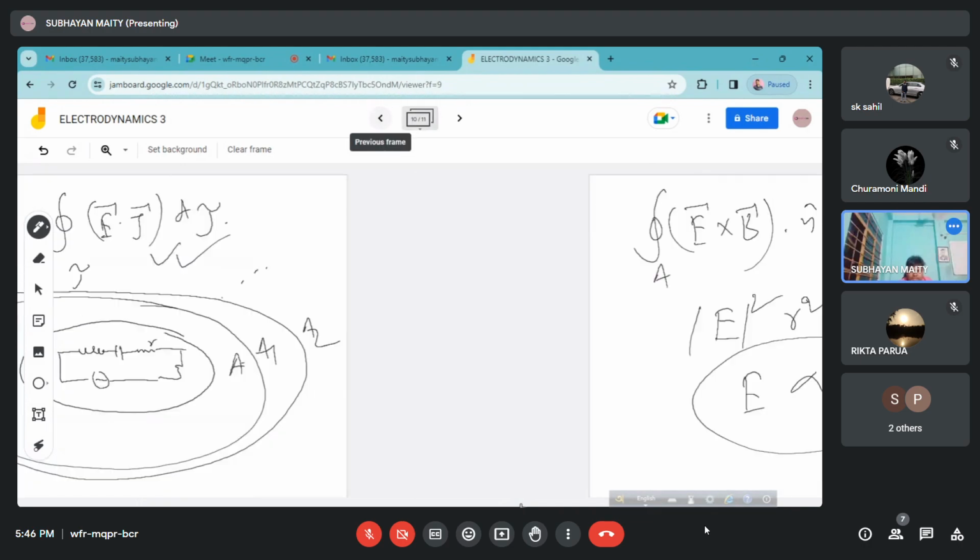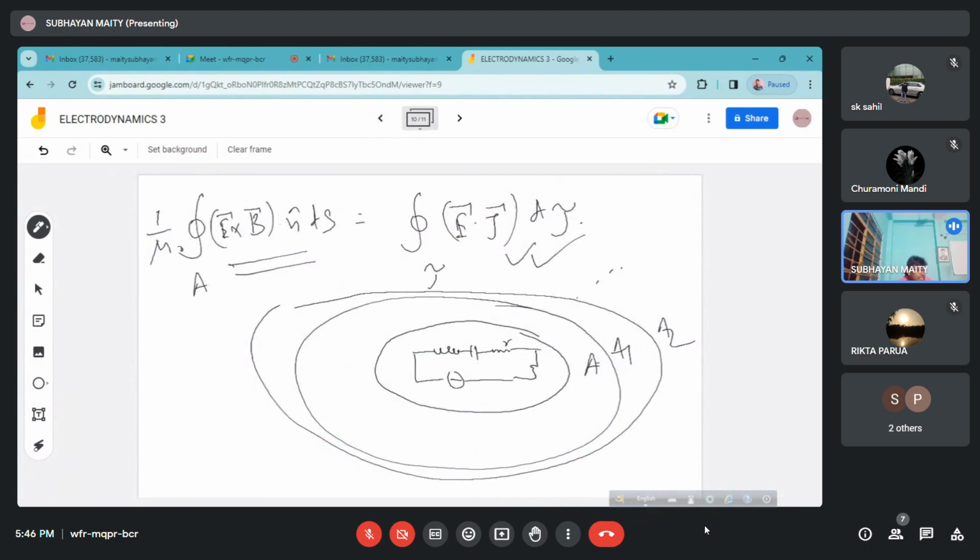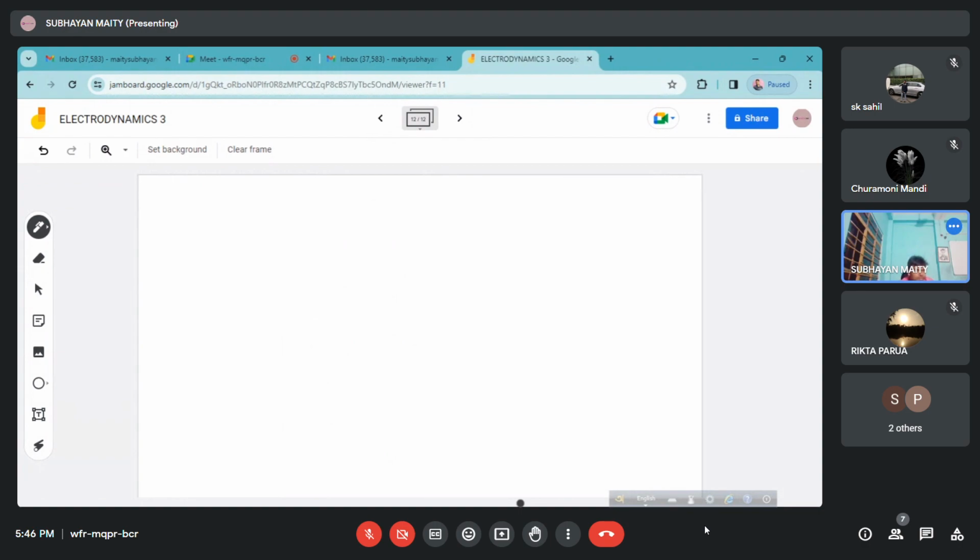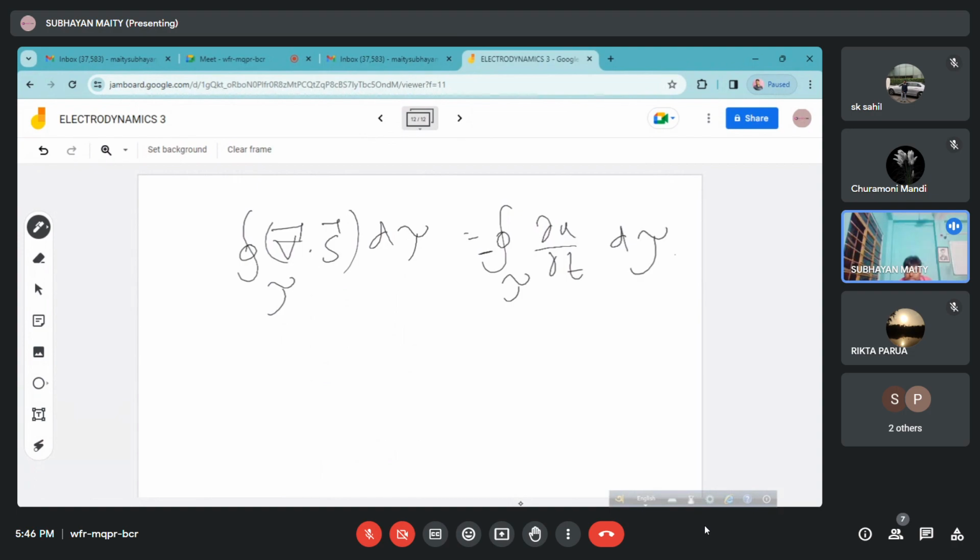This is radiative resistance. So this is the nature of radiation in an electromagnetic circuit, and the modified form of KVL is now: the surface integral of S can be written as the divergence of S integrated over d tau, equal to minus the integral over total tau of del U by del T d tau, and this U is U_E plus U_M plus U ohmic, the whole three things.